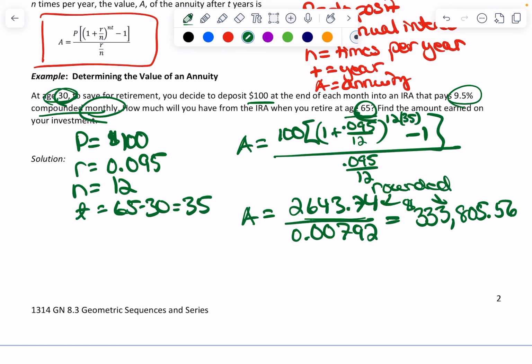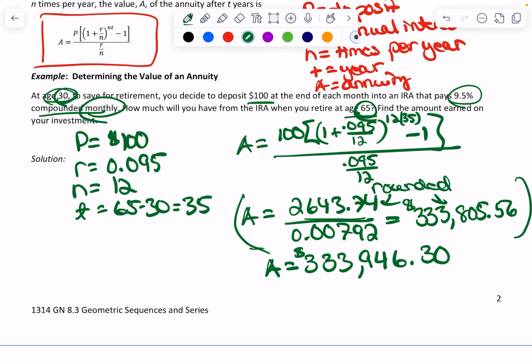So the actual value is going to be 333,946.30. So you can see that there is a difference between the rounded and the actual value.